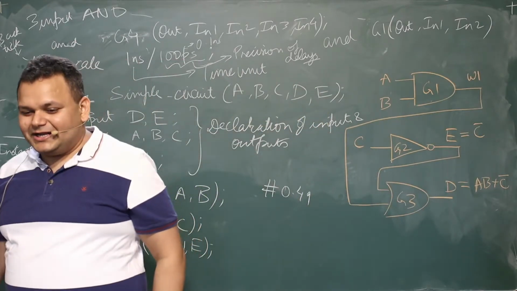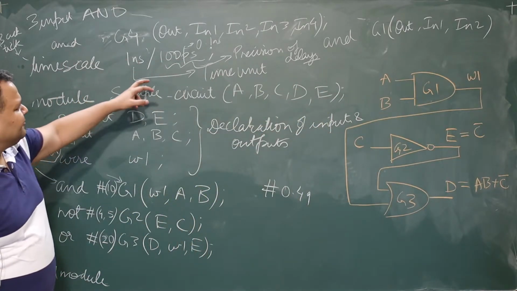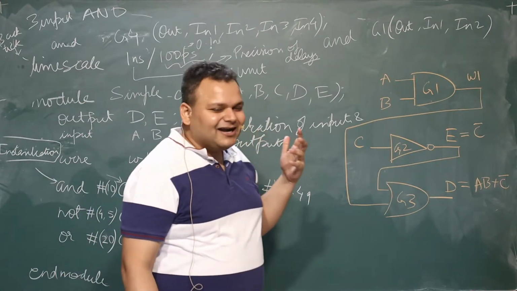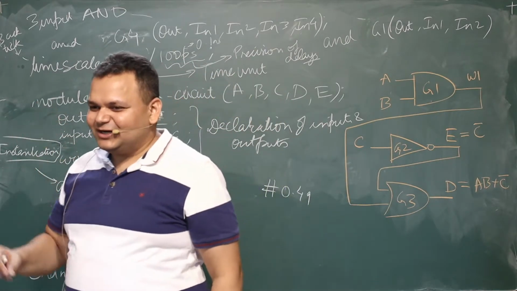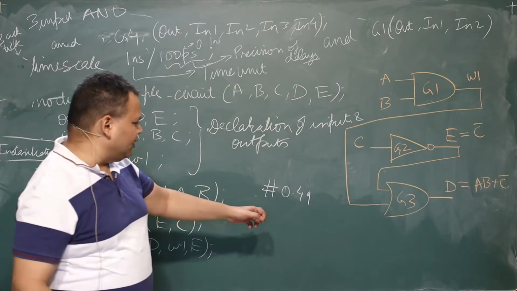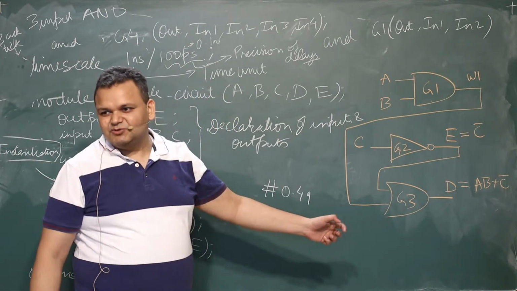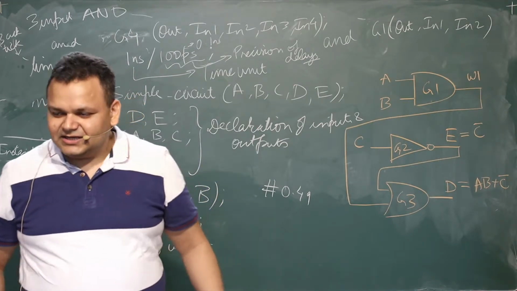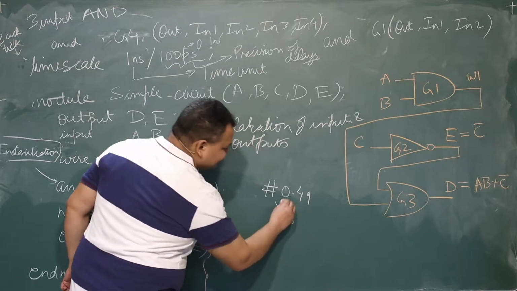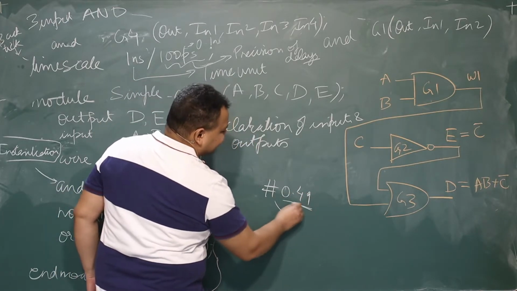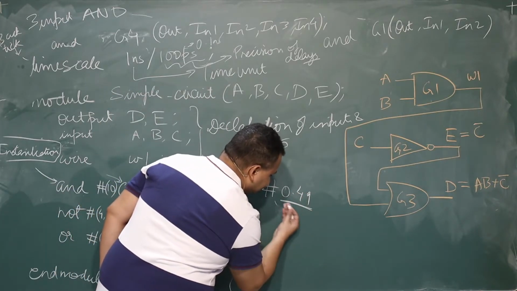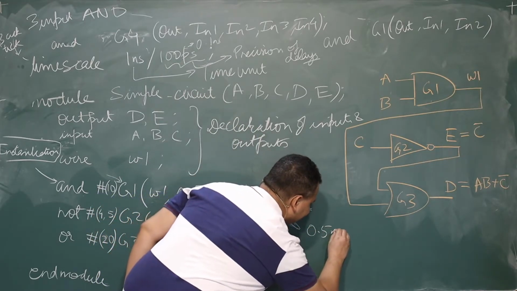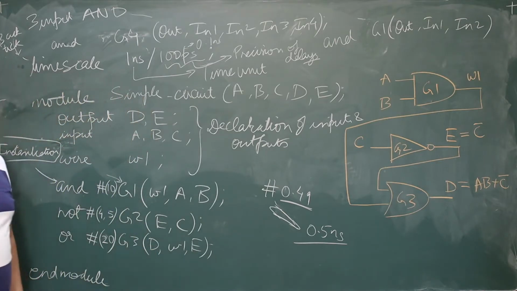But what is our precision? What is the smallest delay that you can handle? 0.1 nanoseconds. So the simulator is going to round it off. If you use such a declaration, this is equivalent to 0.5 nanoseconds. Is that all right?